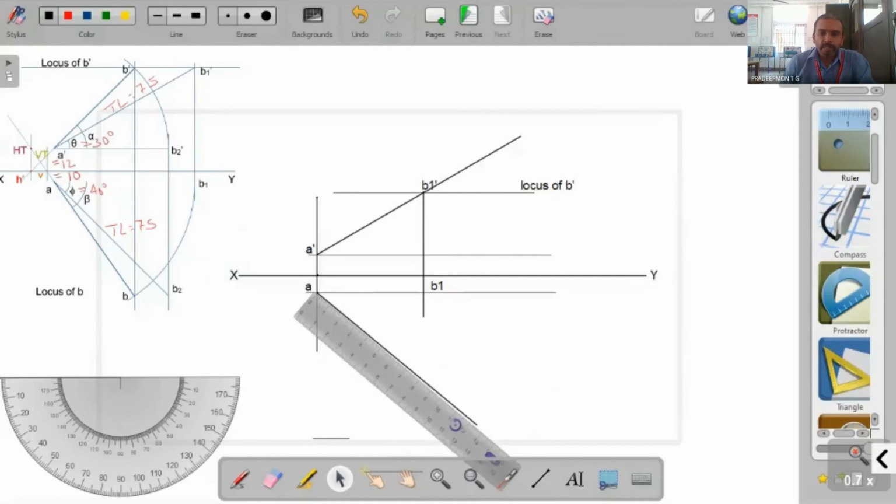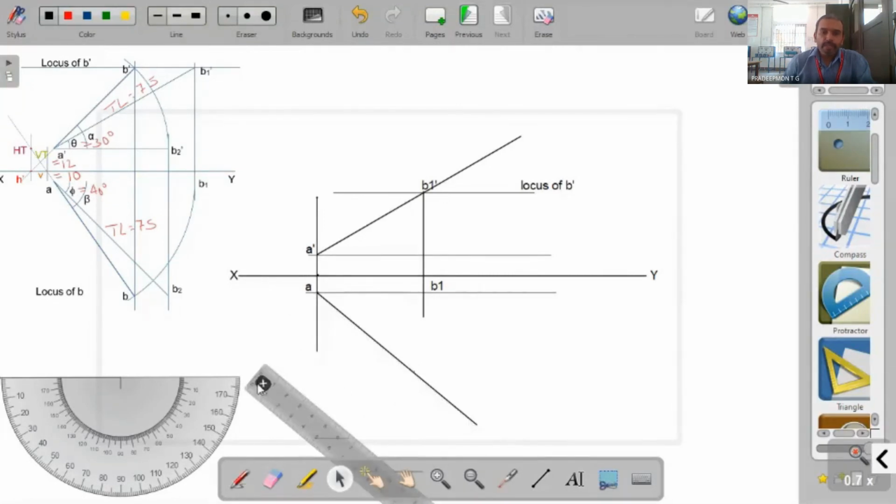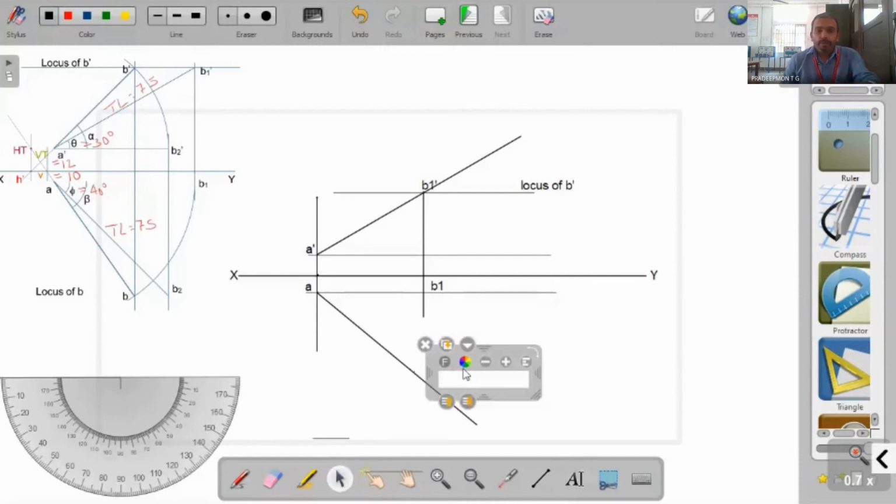So 75 millimeter is marked here. So this is the point B2.